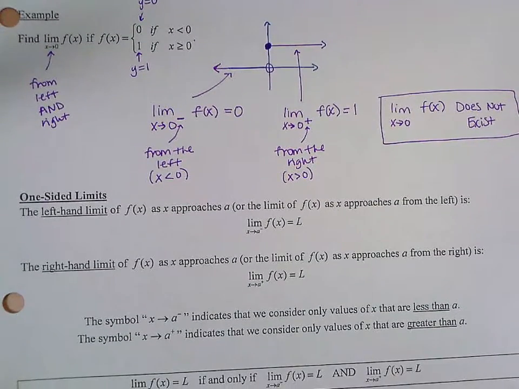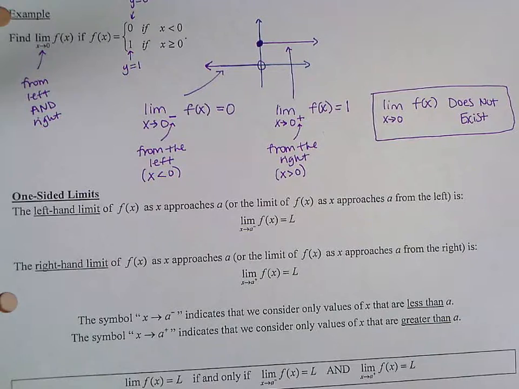My calc class 3 years ago wanted to make t-shirts. They had a graph on the front that as x approached 0, the limit didn't exist. It said the limit does not exist on the back, and the shirts were pink, and we wore them on Wednesdays. That class was all about Mean Girls.